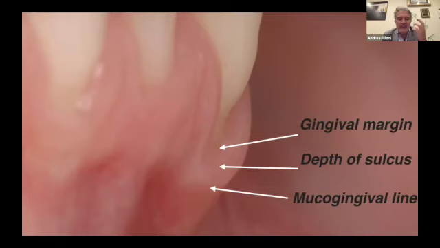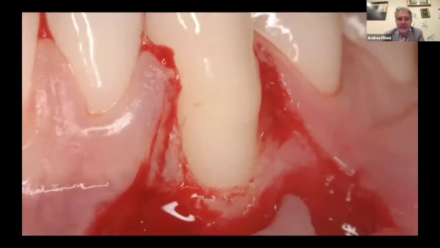So even in cases with very little presence of attached gingiva, we selected these cases for a coronally advanced flap, putting underneath the flap, as you can see now, a very efficacious molecule that should play with cells and clot and speed up the healing.